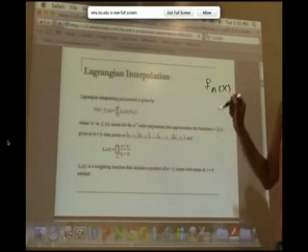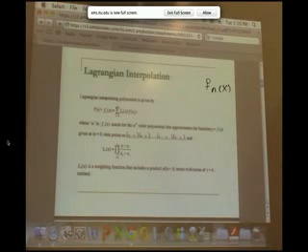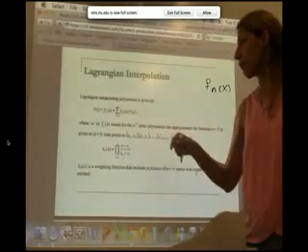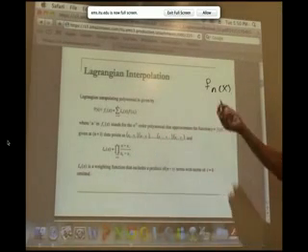If it's linear, we call it f2 of x, f3 of x, f4 of x. It depends on how many data points we have. Okay, so I call my fn of x a function p of x.